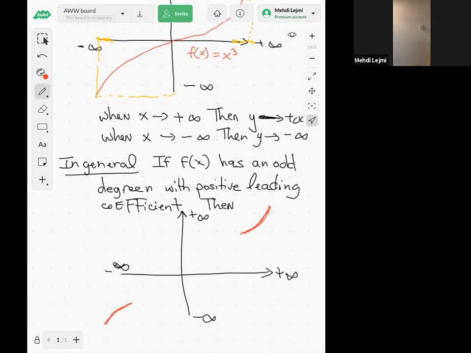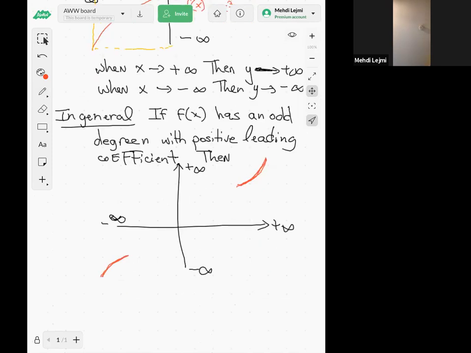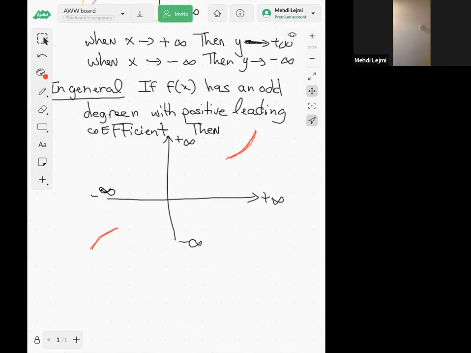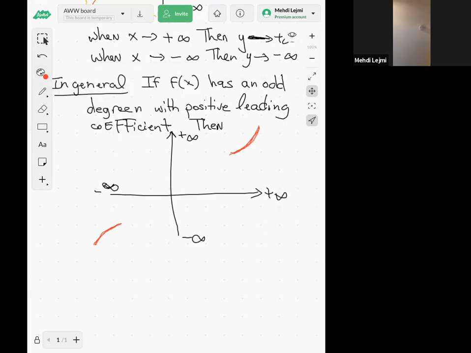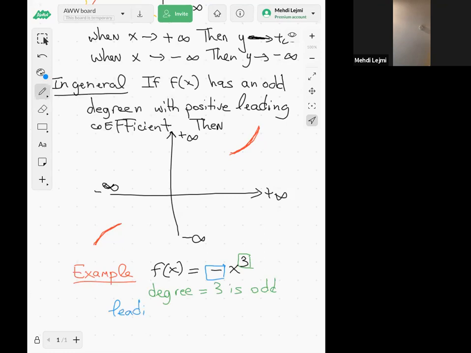Now, the last case is when you have an odd degree and negative leading coefficient. So this is example number 4. Example 4 is when you have, let's say, f of x equals minus x cubed. So the degree is odd, and of course the leading coefficient is negative, -1.